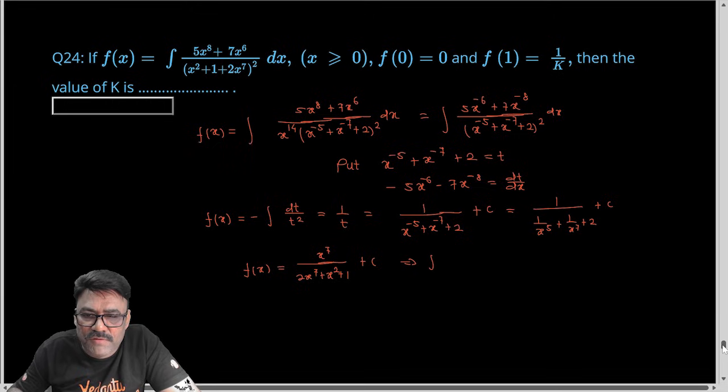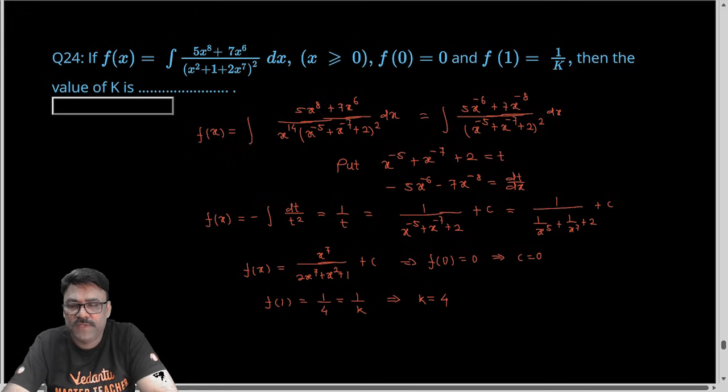And since f0 is 0, this gives you c is equal to 0. Now if I find f1, so f1 is 1 by 4, which is given as 2 plus 1 plus 1, which is 1 by k. So hence k must be 4 here. So k is actually 4, right?